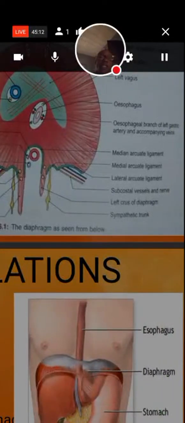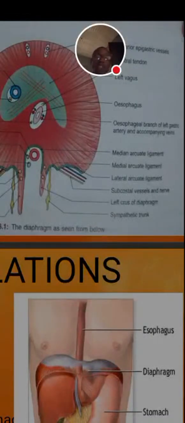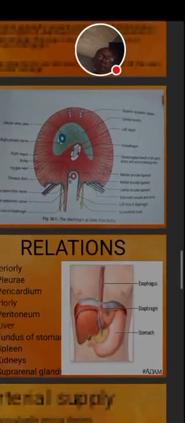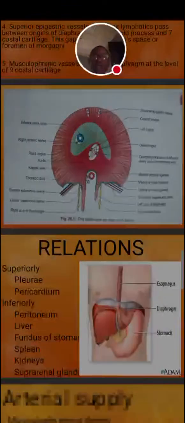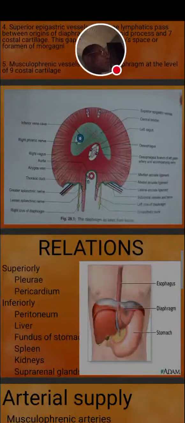All right. Then moving away from there, we talk about the origin of the diaphragm. The diaphragm has three origins. CVS is the acronym. C for costal origin, V for vertebral origin, and S for sternal origin.